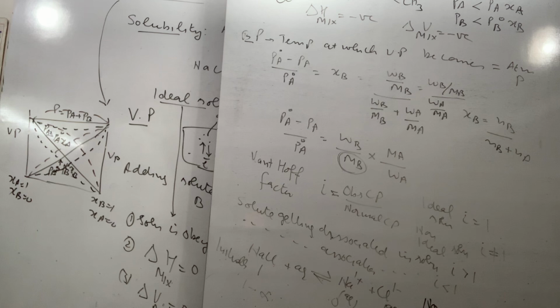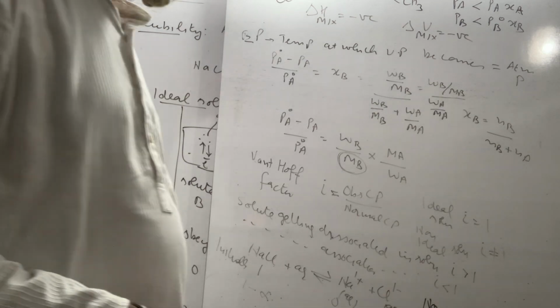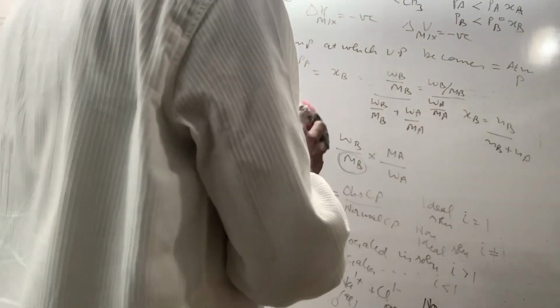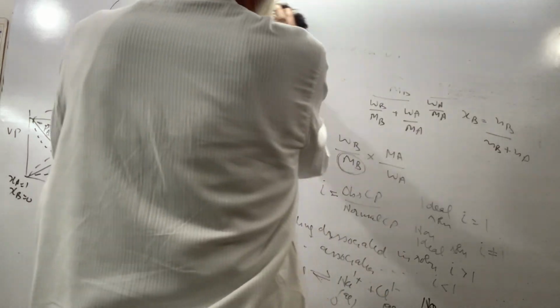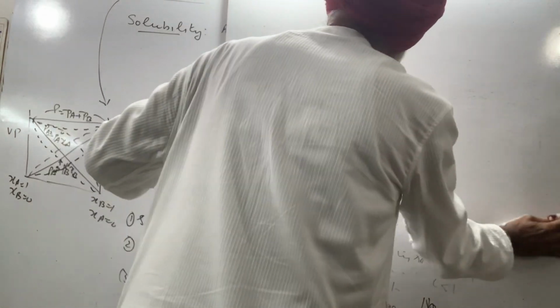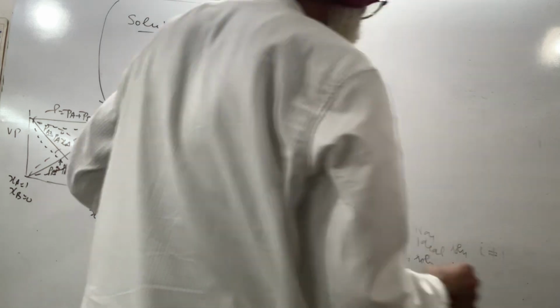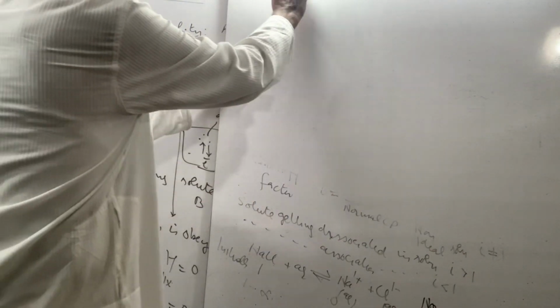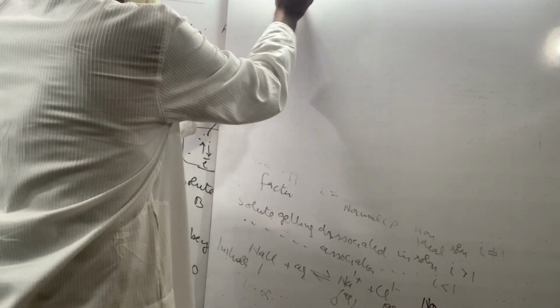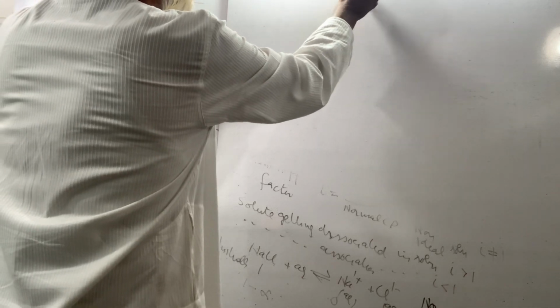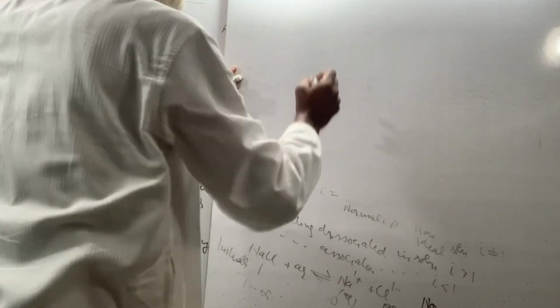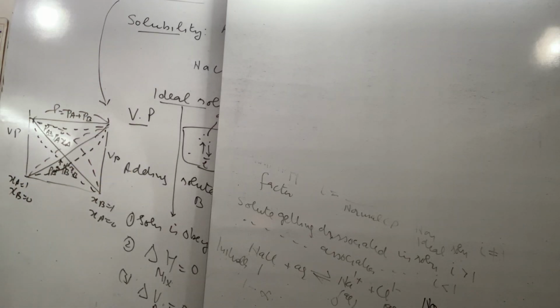Similarly, we can also have the case of association. For example, benzene is getting associated. So let us take the case of that. n molecules of A are getting associated to form a polymer.